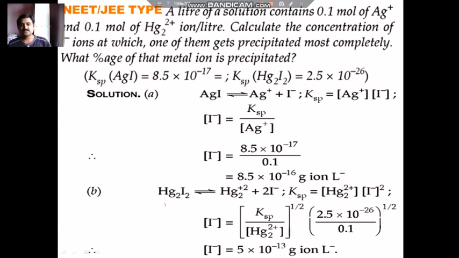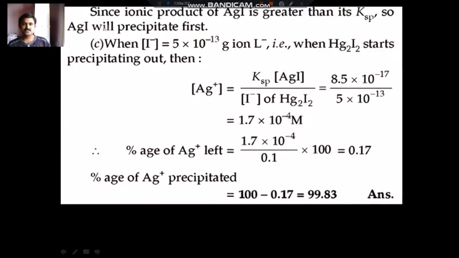Like that, for mercurous iodide the iodide value calculated is 5 into 10 power minus 13 gram ions per liter. So two values were calculated. After calculation, the ionic product of silver iodide is noticed to be greater than its Ksp, so silver iodide will get precipitated first.